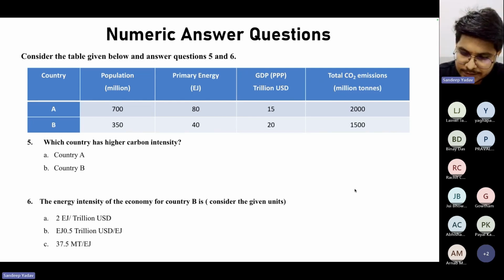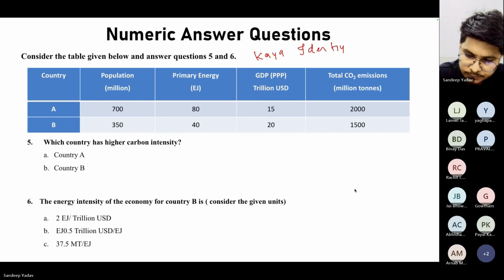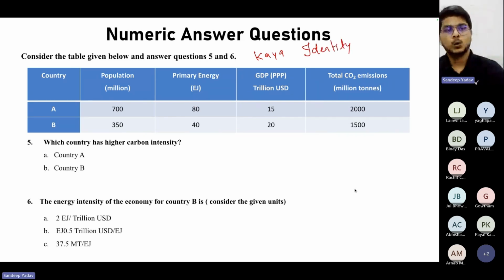That question is related to the Kaya identity. These are combined questions. Consider the table given below and answer question numbers 5 and 6.